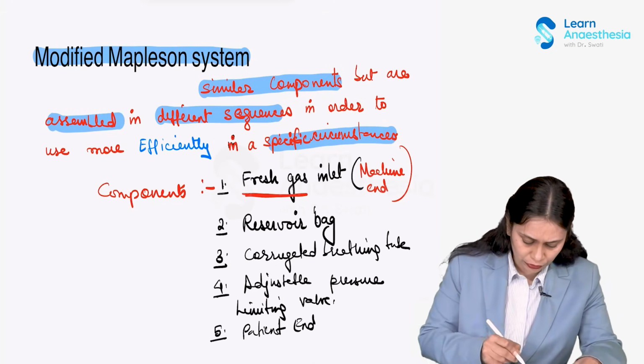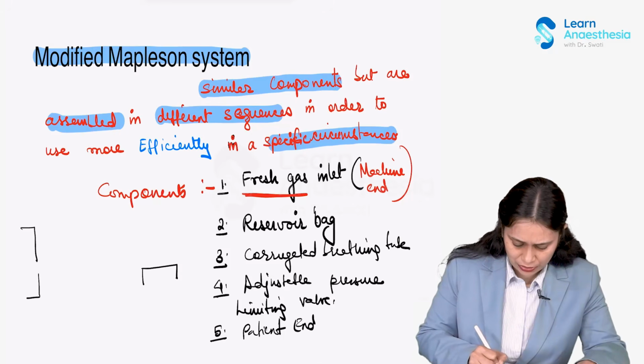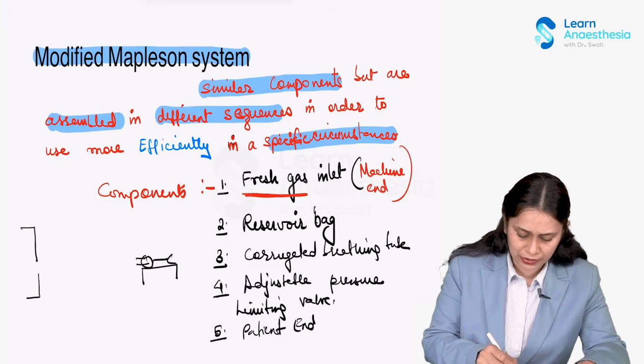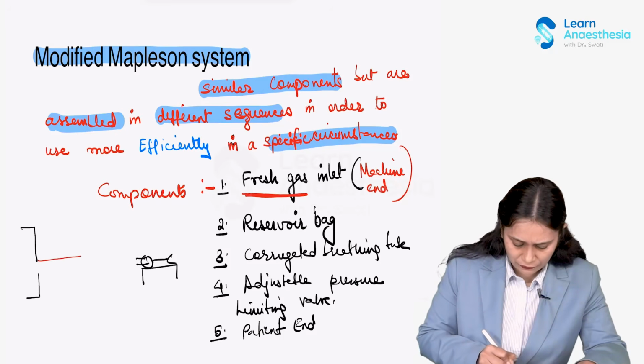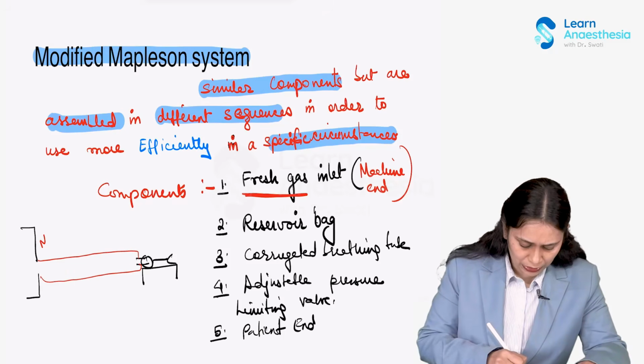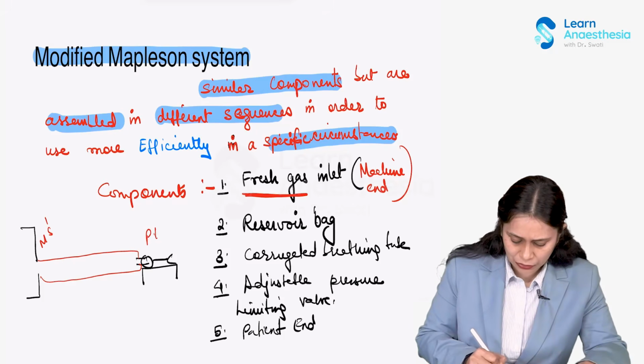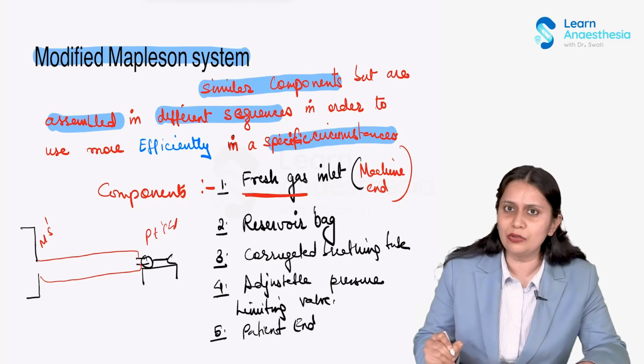So, if I show you, this is your anesthesia machine, this is your patient, right? And this is the airway of the patient. We connect the circuit between the outlet of the machine and the patient's airway. So, one part definitely has to be the fresh gas end, that is the machine's end, and the other part has to be the patient's end, because these are the two connections.